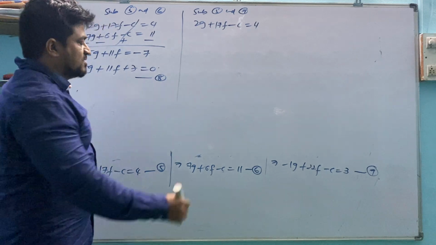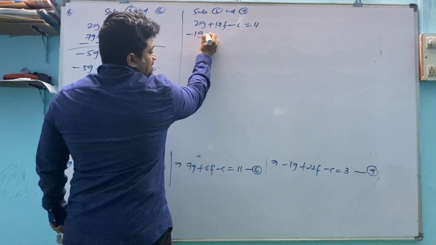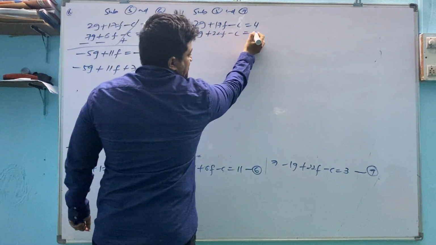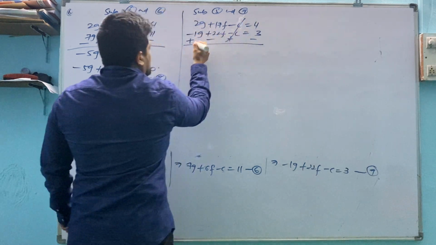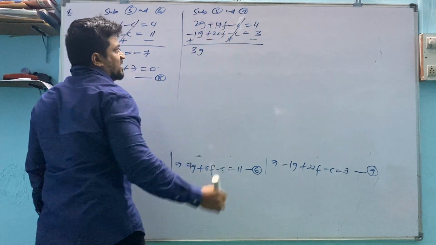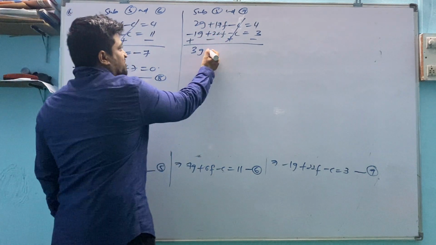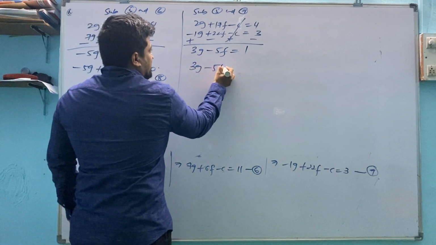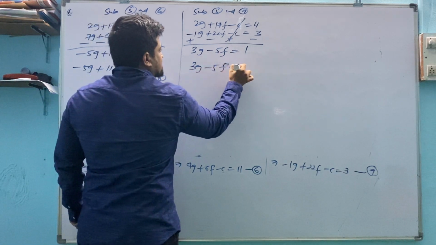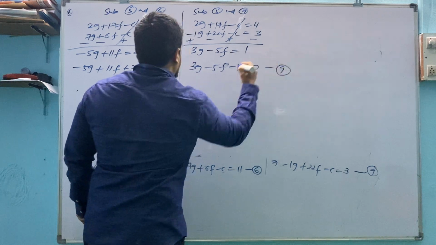Seventh equation, minus 1g plus 22f minus c is equals to 3. Subtracting all the terms, 2 plus 1, 3g. 17 minus 22, minus 5f equals to 1. 3g minus 5f minus 1 equals to 0, which is equation 9.